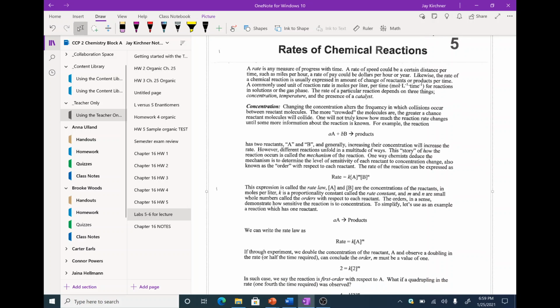Here's basically a reaction, and you have reactants A and B. The coefficients are a and b, but basically the rate's going to be determined by the concentration of A times B. If you remember, unlike equilibrium, where we would put it to the a power and b to the b power, we don't know these exponents. They're called the orders of the reaction.